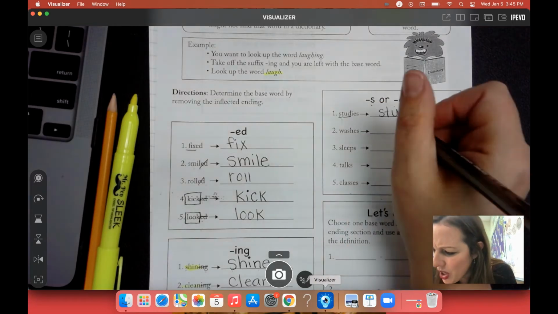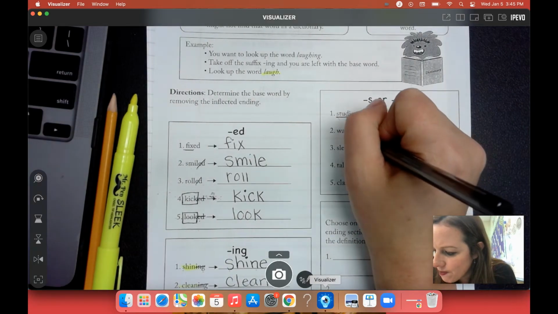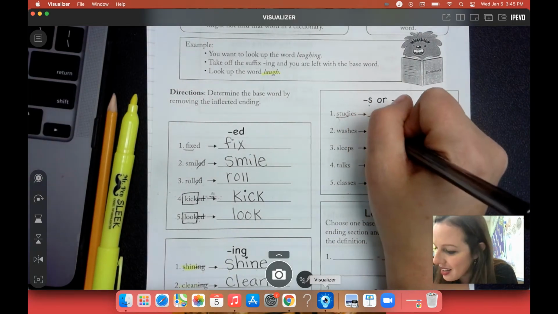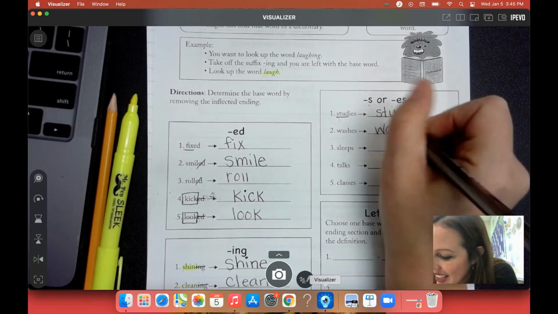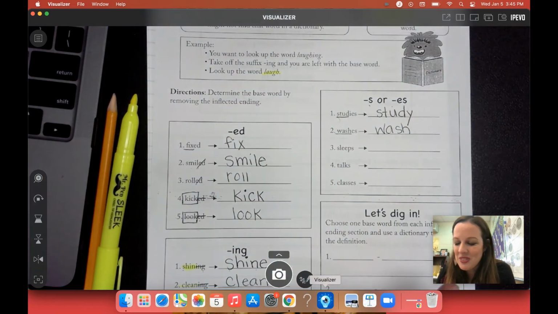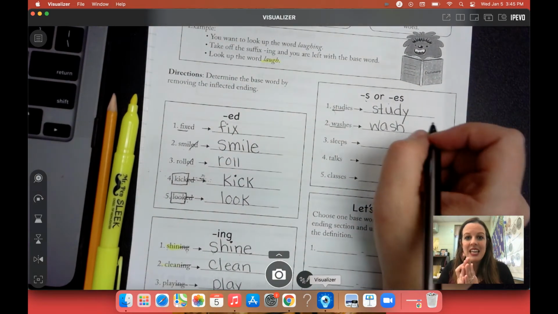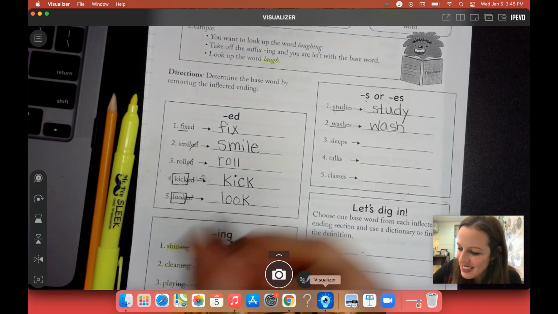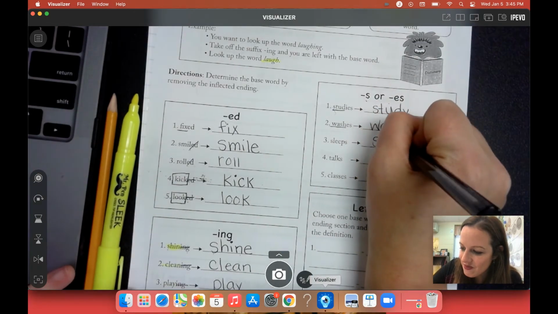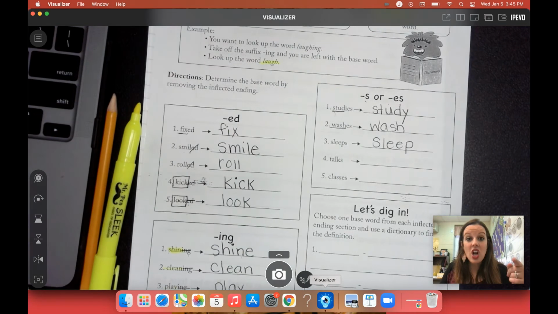What's the base word of washes? I hope you said wash. And we're lucky. It gives us the full base word when I remove the ES. Sleeps. What's the base word? Sleep. Talks.